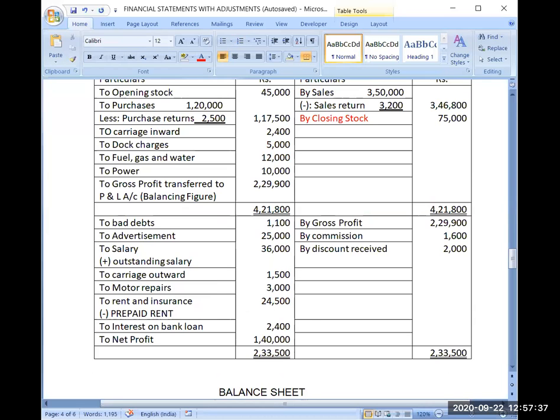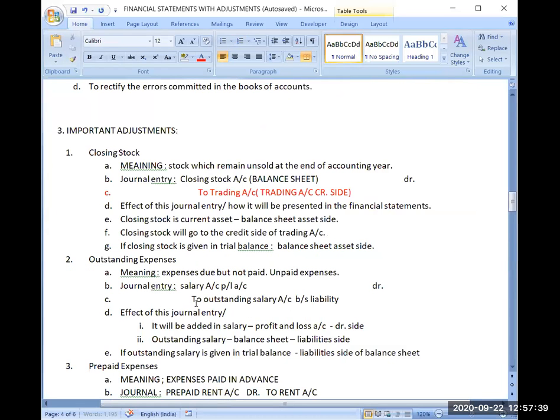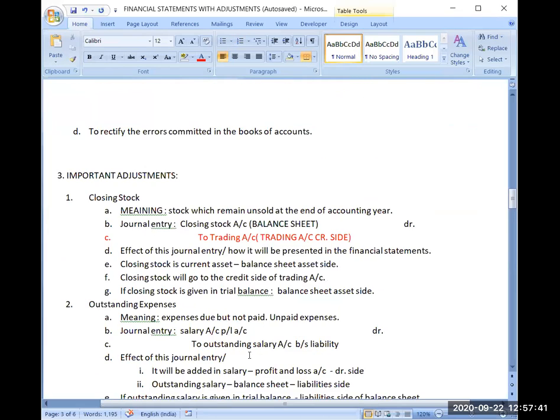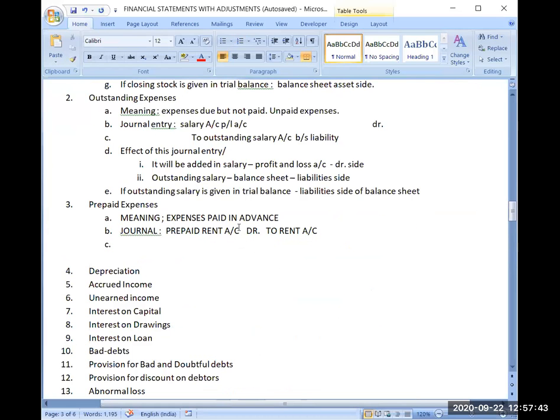This logic is clear, why I will deduct prepaid rent from the rent. Now the second part of the adjustment. In the second part, you have debited the prepaid rent account. So prepaid rent is which type of account? It is a personal account.